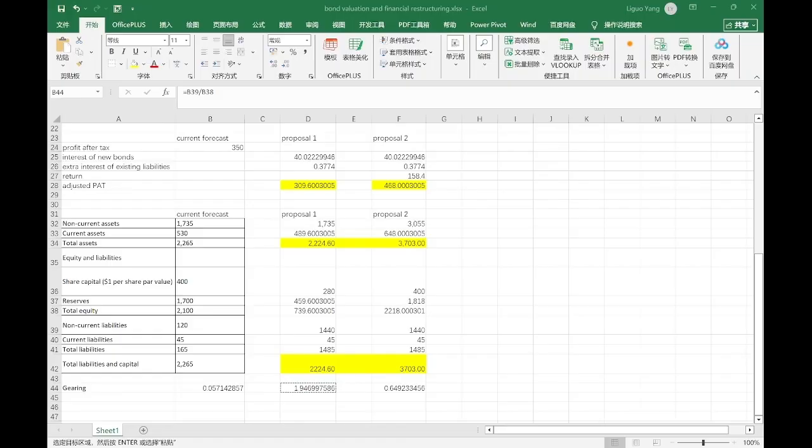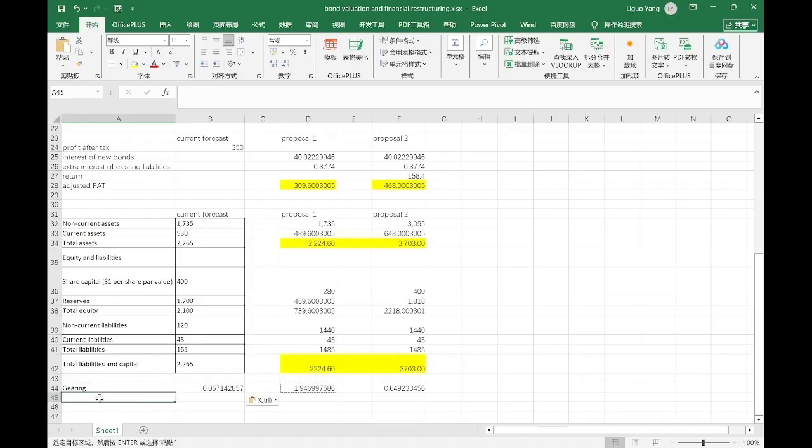So we see there's a drastic increase of gearing comparing the current forecast with proposal 1 and proposal 2, because obviously there's the new bond issuance of 1,320 million.